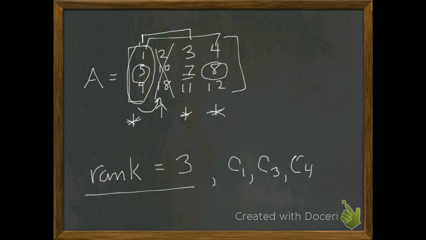We can still use it in the rank because it's linearly independent with columns 3 and 4. You could also see that column 2, column 3, and column 4 would also be linearly independent, still giving us that our rank is equal to 3.